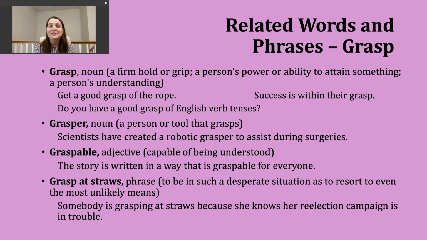Another word you might hear is the adjective graspable. This means that something is capable of being understood. So, an example of this: the story is written in a way that is graspable for everyone. So, this is implying it could be easily understood, younger readers to older readers.